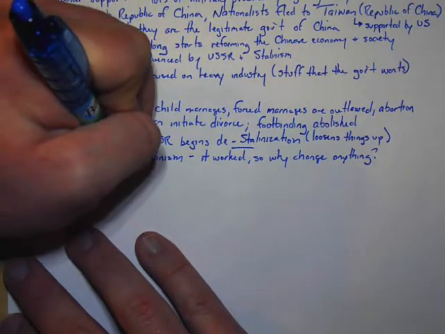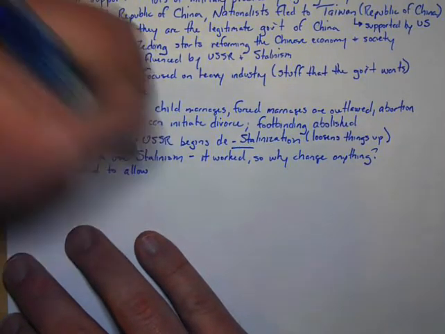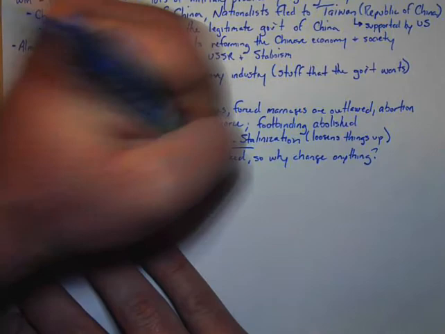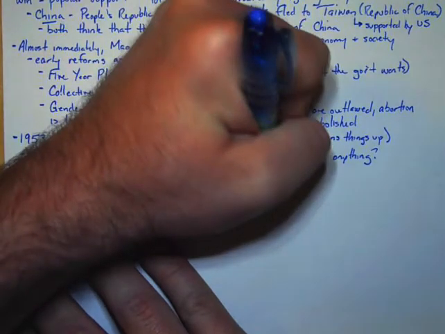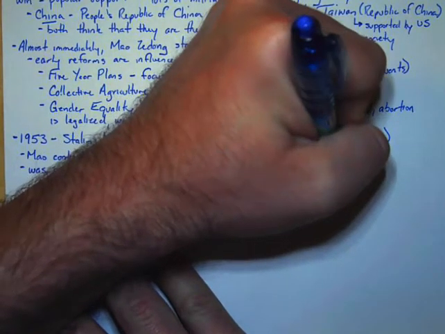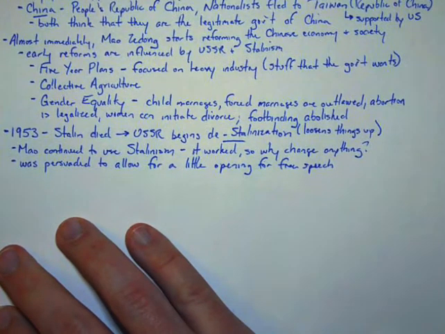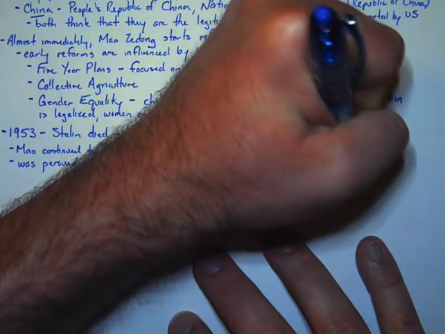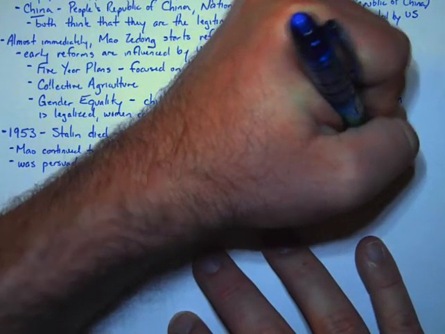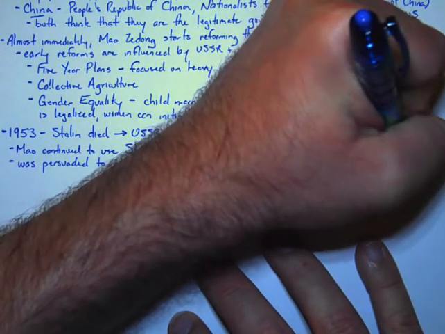But he was persuaded eventually to allow for a little opening for free speech. And this little opening for free speech is called the 100 Flowers campaign.